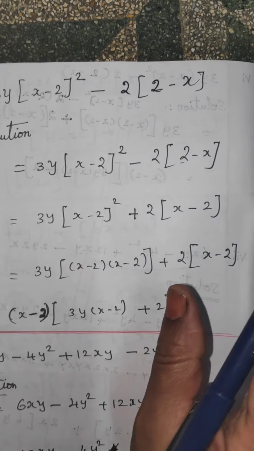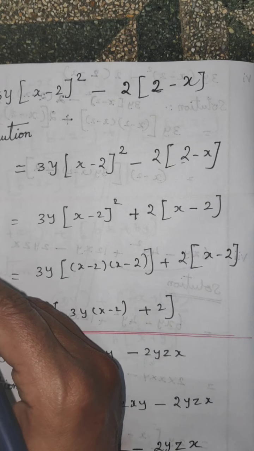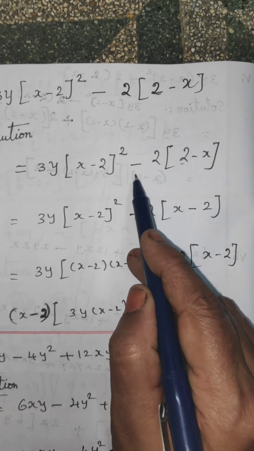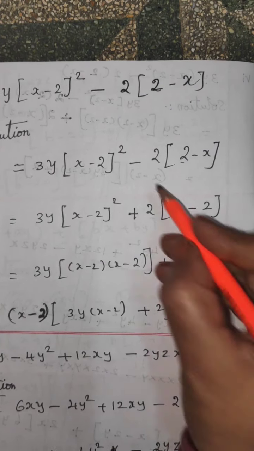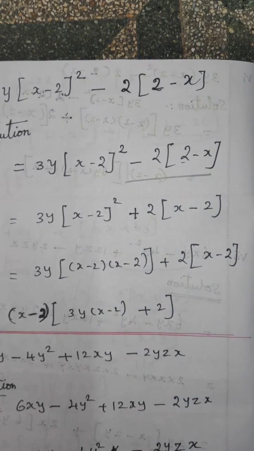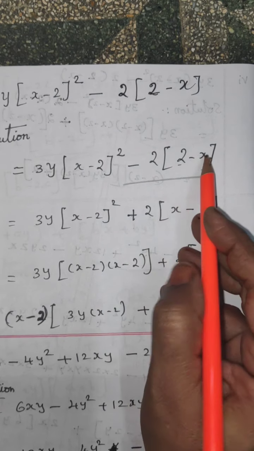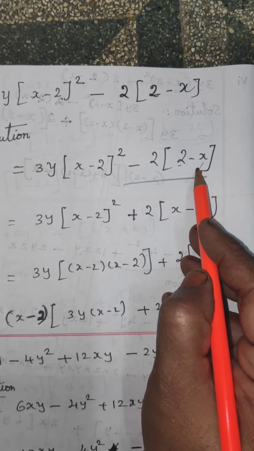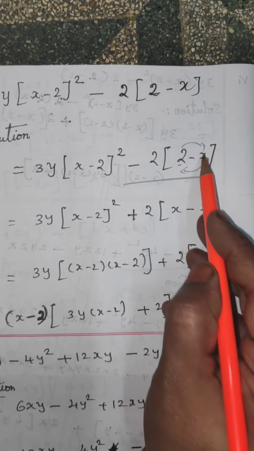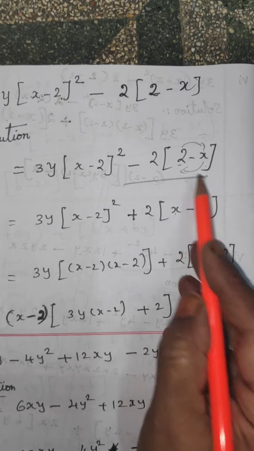Change and write, and the work is over. So for the change, the minus symbol must be written outside. So this is my second term: wherever there is a minus symbol, you write the plus symbol, and where there is a plus symbol, you write the minus symbol. Now minus changes into plus 2. Here the change: here comes the x, here you want to write 2, so x minus, plus minus 2.